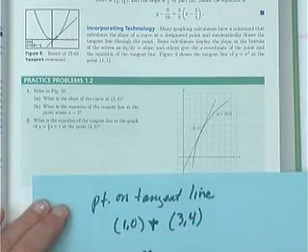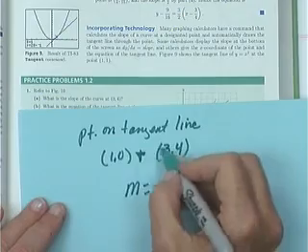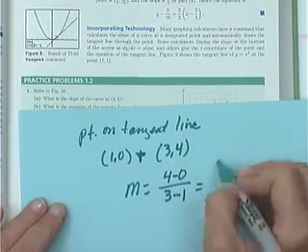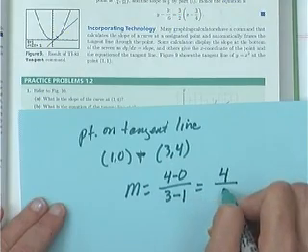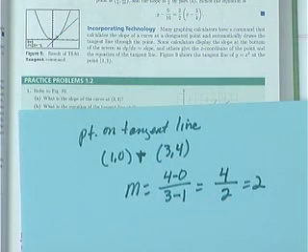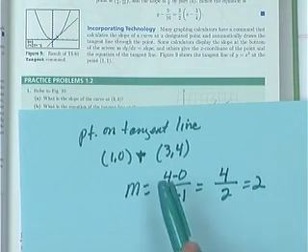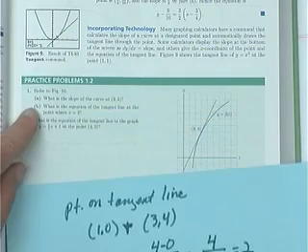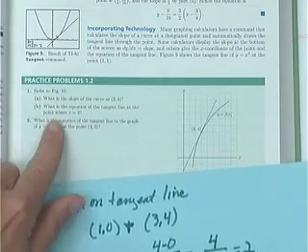The slope of the tangent line is the difference in the y coordinates over the difference in the x's, and it looks like we have 4 over 2, or slope 2. That is the slope of the tangent line to the curve at the point 3, 4. So now we know the slope of the curve at the point 3, 4 is also 2, correct?